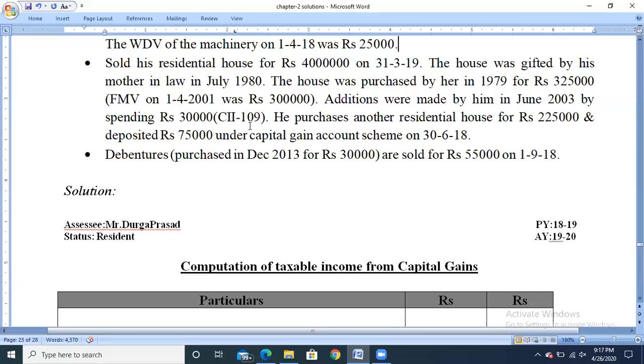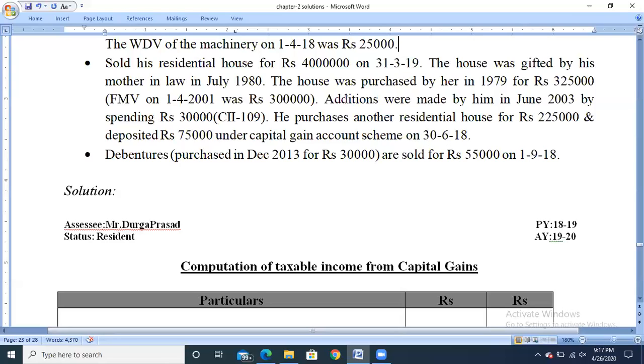CII value is 109. He purchases another residential house for rupees 2,25,000 and deposited rupees 75,000 under the capital gain account scheme on 30th June 2018.